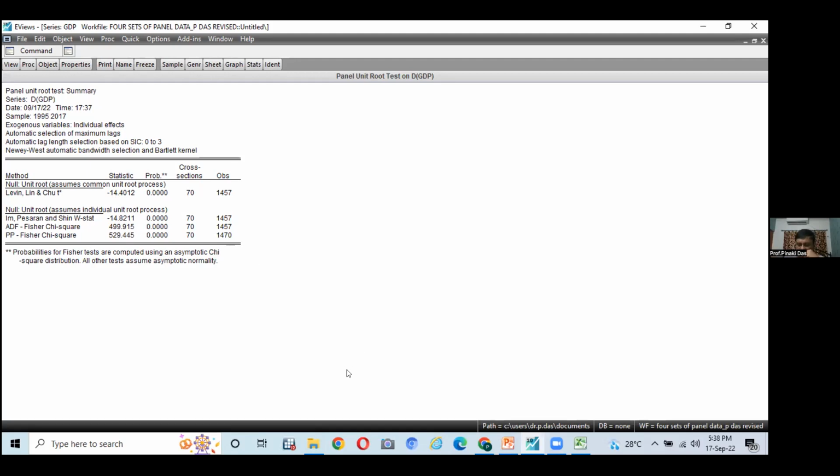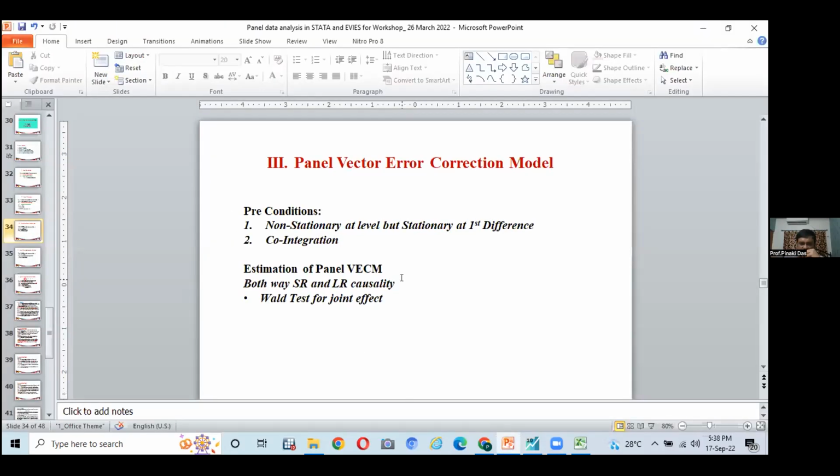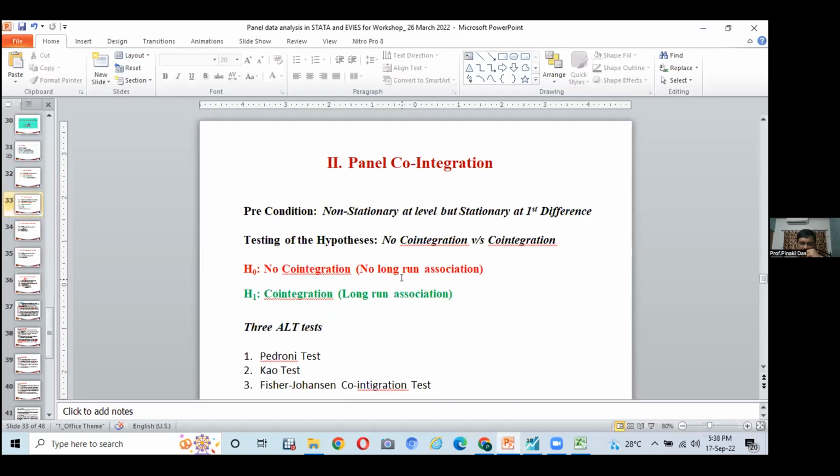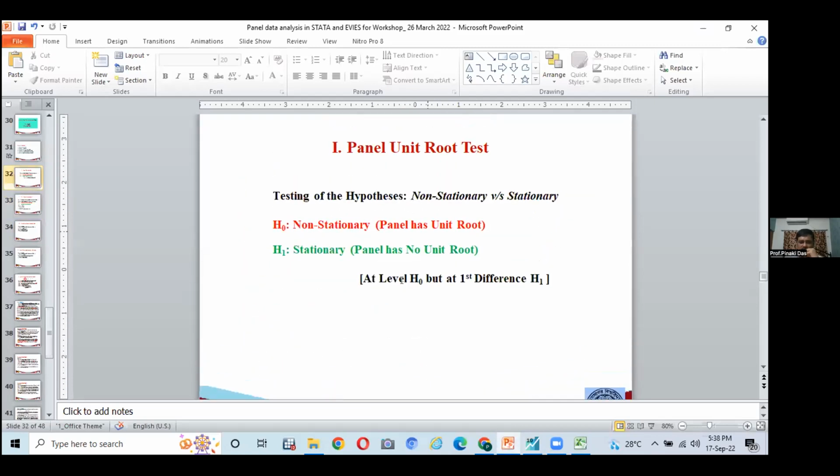The null hypothesis is non-stationary. The alternative is stationary. As all the tests are statistically significant at first difference, the null hypothesis is rejected and the alternative hypothesis is accepted. That is why we can say that when the tests are statistically significant, the variable is stationary.